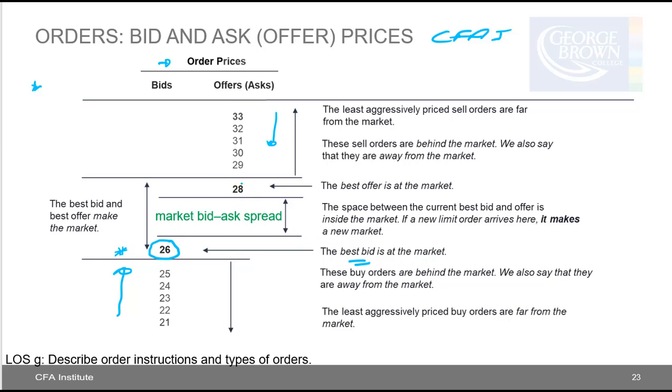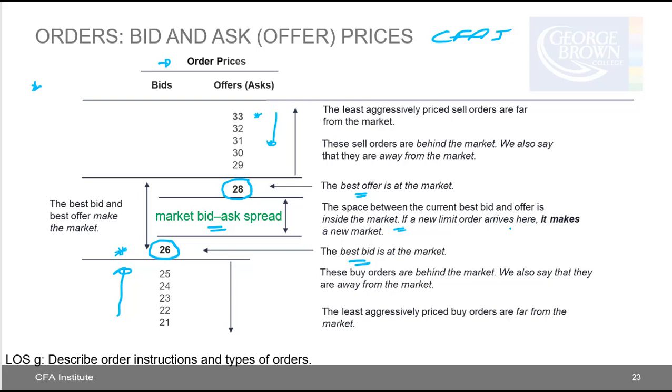If we look on the sell side, you can see here some investors want to sell at 33, 32, 31, etc. But the lowest price that the investor wants to sell at is 28, and that's the best offer, and that would be the market. That's the market bid and the market ask. Okay, and then you can see there's a difference between 26 and 28. That's the market bid-ask spread. The space between the current best bid and offer is inside the market.